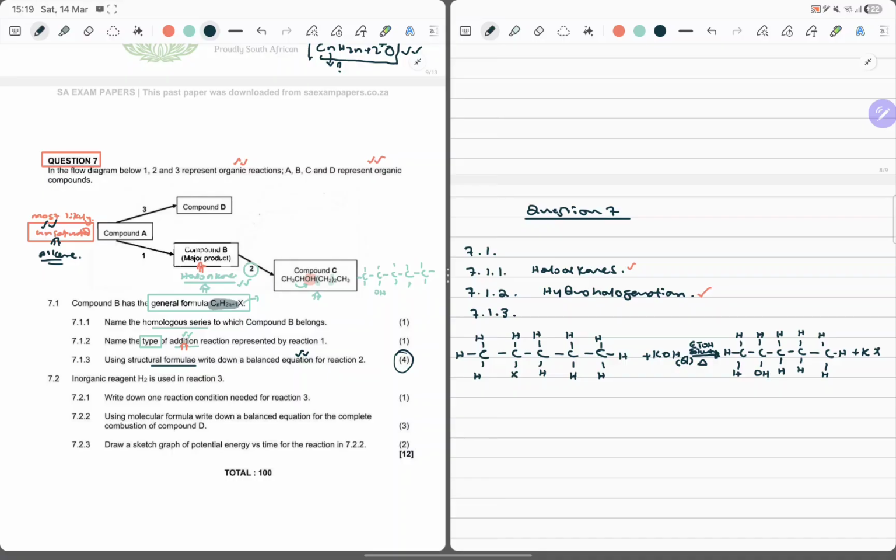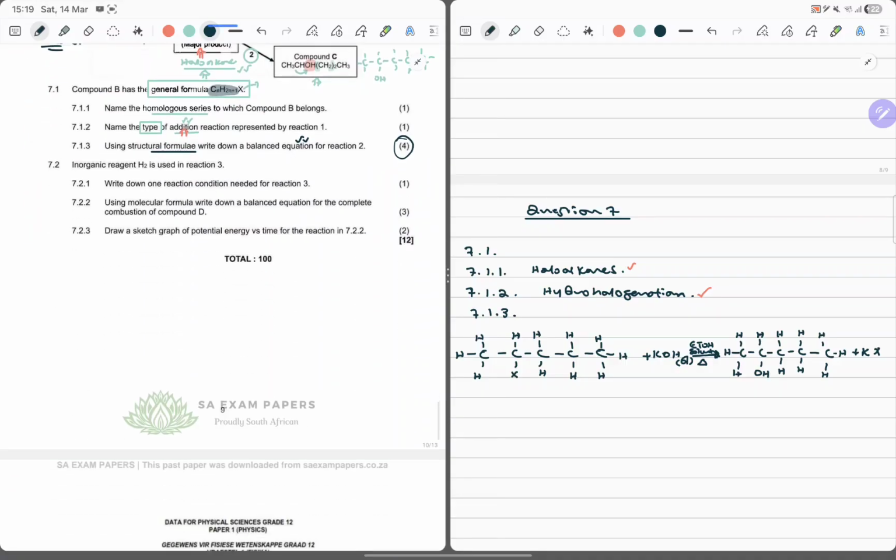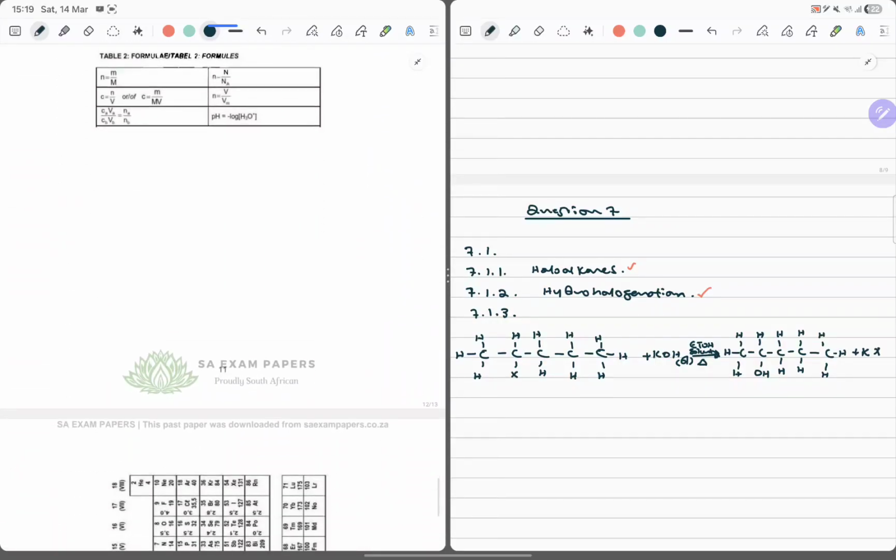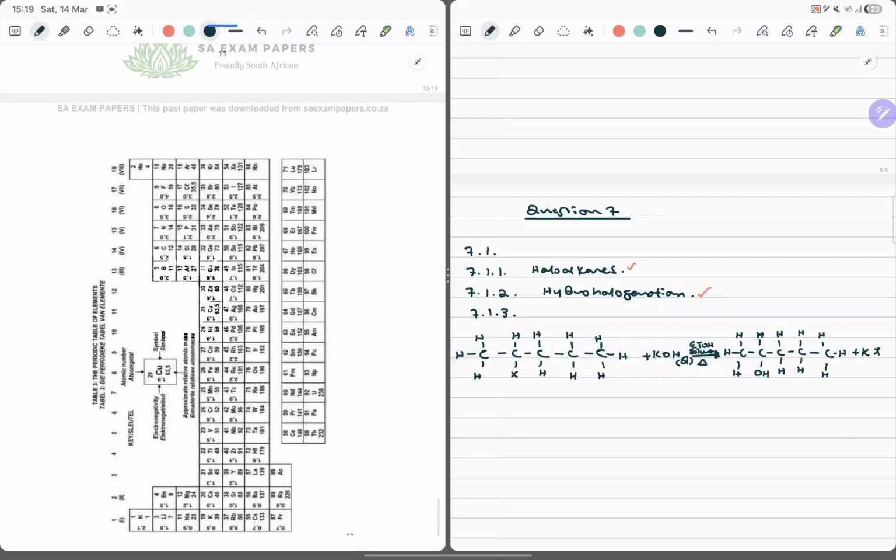Because if we talk electronegativity here, let's see. What is the electronegativity difference between the carbon and the hydrogen and the neighbors, the halogens or the halides? Think about these things.